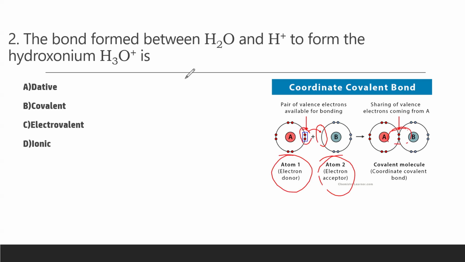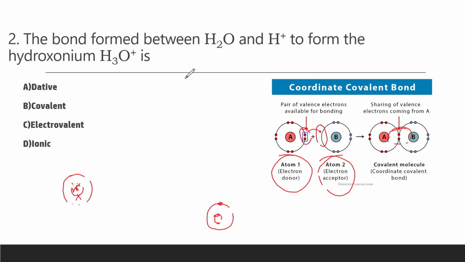Like for example, in the case of water molecules and hydrogen ion, this is the normal electronic configuration of hydrogen. In the first shell, we have 2 electrons.